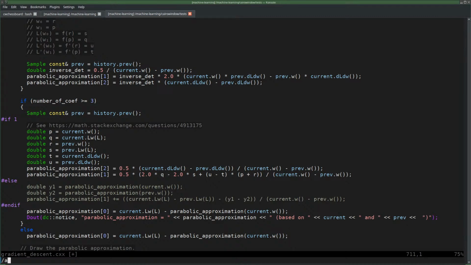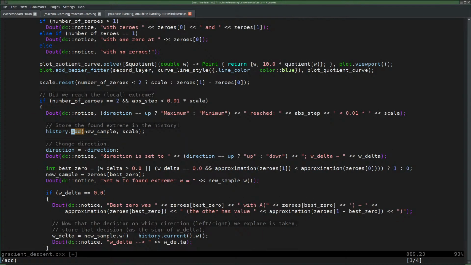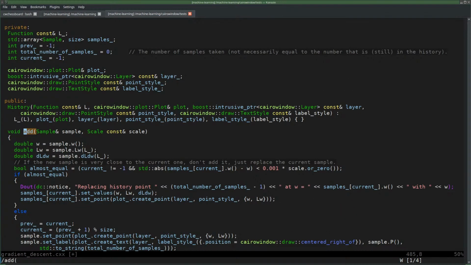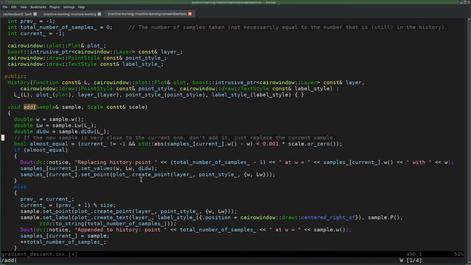I think the reason is that I do have a provision since today in add. If the new sample is very close to the current one, don't add it, just replace it. However, then I used another trick, that the scale is set to 0 when it is not known.